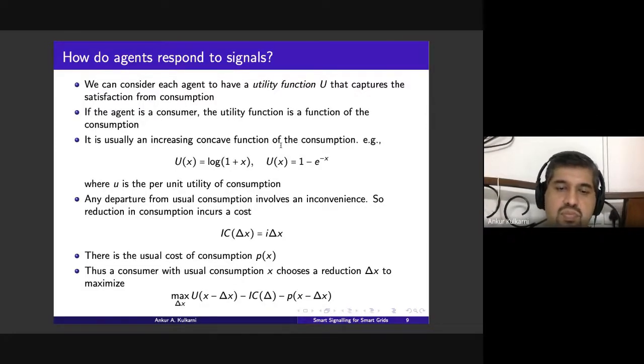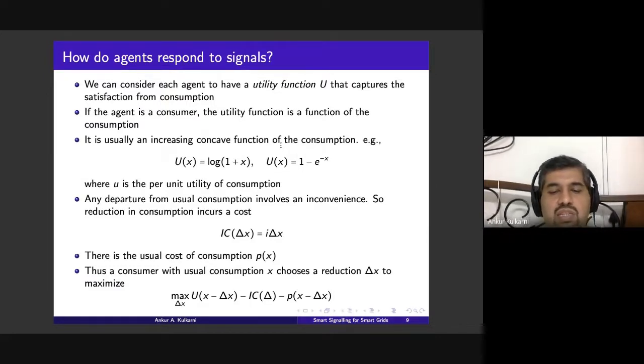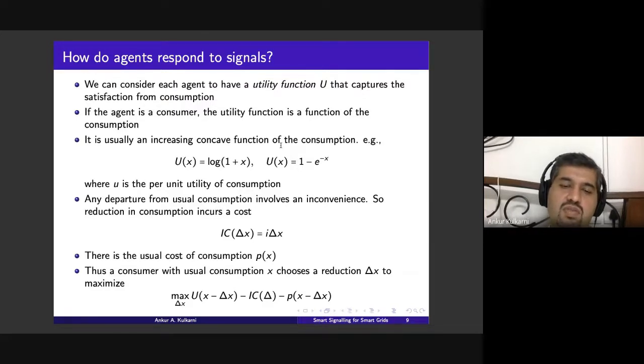We can try to model this inconvenience in some way. Suppose the inconvenience is linear in the amount that you are asking him to change. So if you ask him to change by delta x, the inconvenience cost IC of delta x is I times delta x, where I is some constant. In addition, there is the usual cost for consumption, the amount that he has to pay. If he's consuming x, the cost of consumption is P of x.